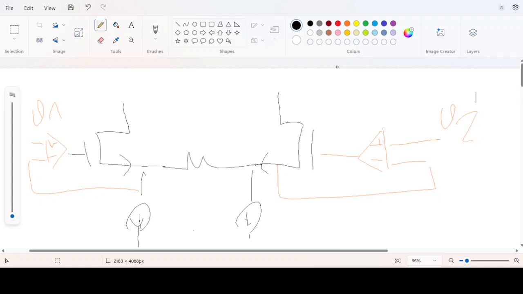Now when we like source follower, as I mentioned, when the current is increasing, when the gate is going up, so the transistor will have a greater amount of current, so it will have a greater gate source, so source will not follow the gate, and we will have some sort of a nonlinearity.